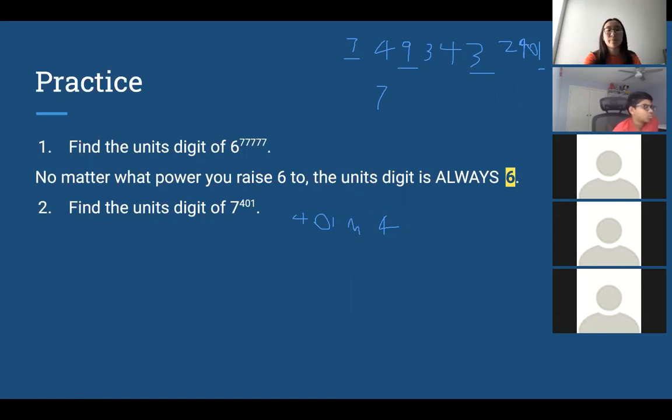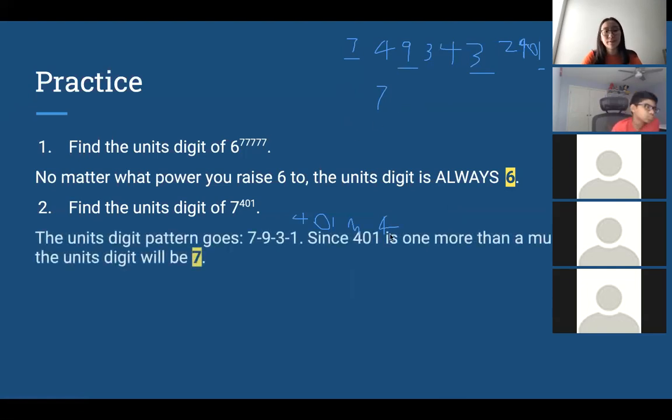Remember, 401 mod 4 is basically asking you to divide 401 by 4 and then find the remainder. We know that 400 is a multiple of 4, so our remainder is going to be 1. And so we use that remainder from our modulus function, and we look in our pattern for the first number in the pattern since our remainder is 1. Well, the first number in our pattern is 7. So our answer is that the units digit will be 7 here.